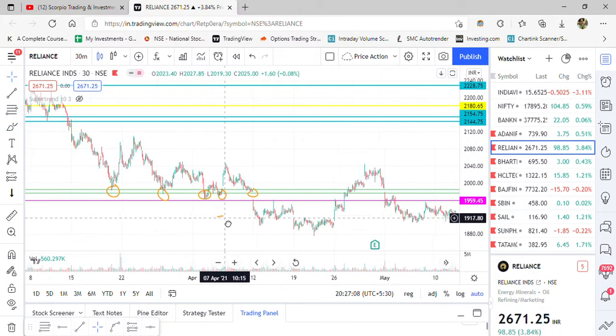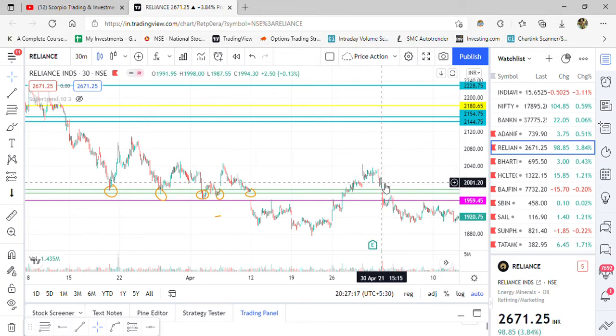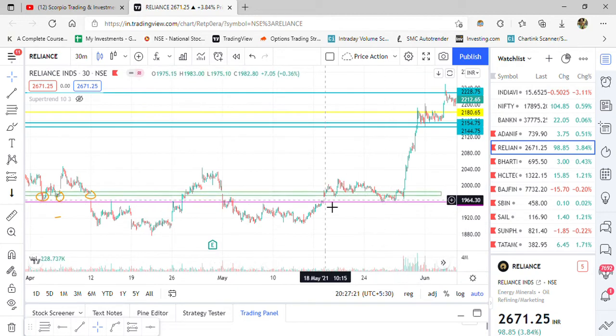So again this line becomes the resistance line, and it tried to go up, went up for a few days, then came down again, was nearing the support line, and then finally went up.